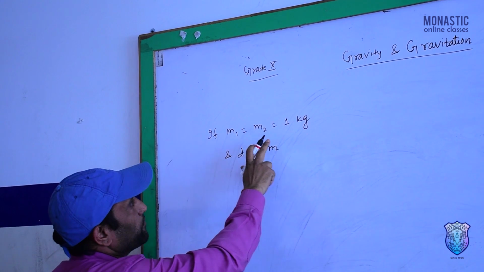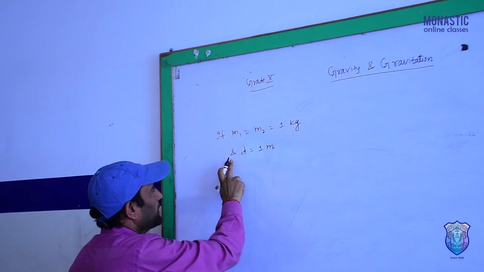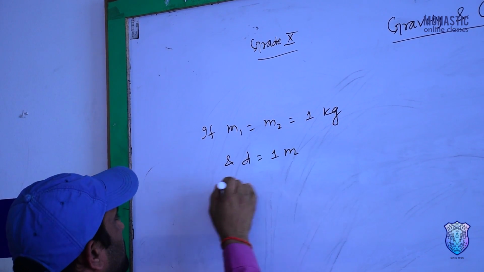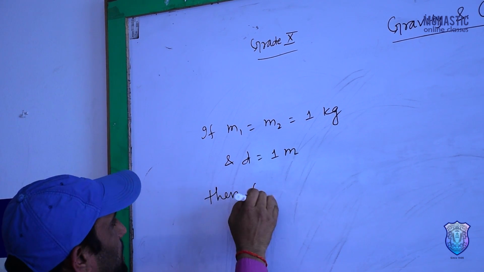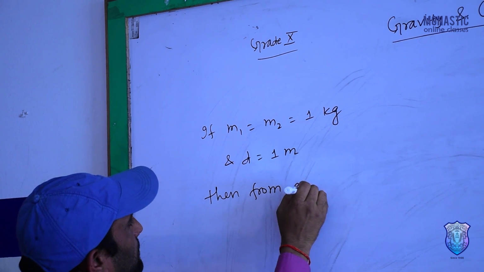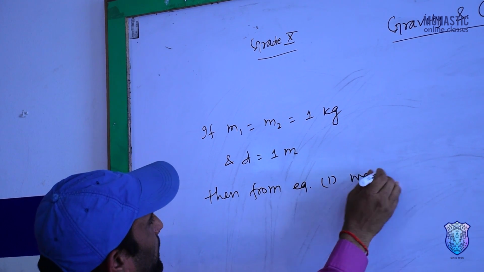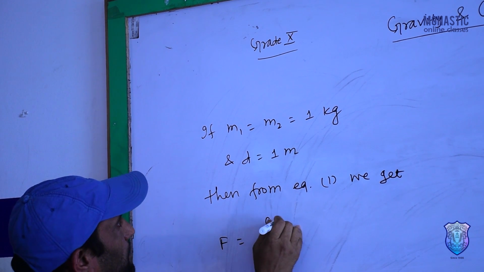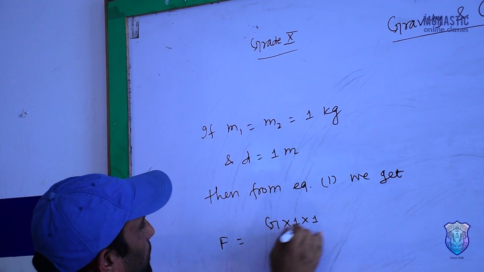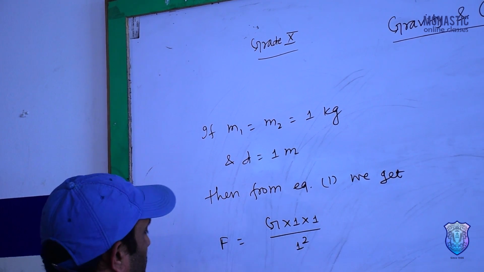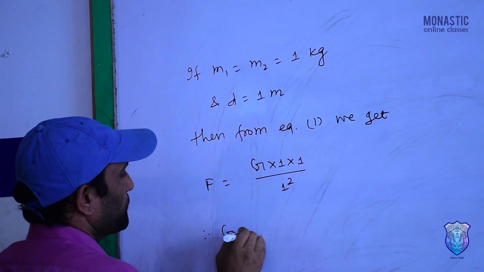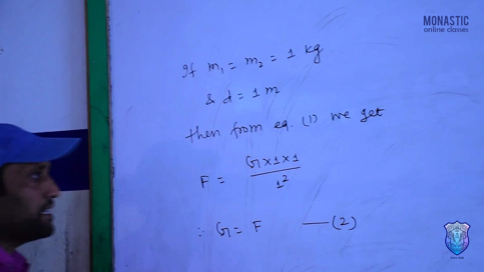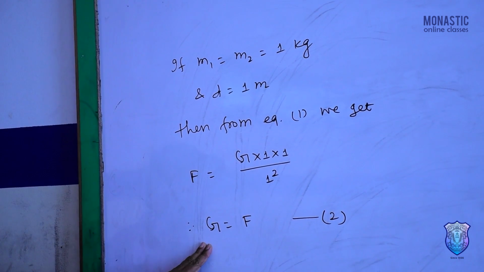If m1 and m2 equal 1 kg and the distance between them d equals 1 meter, then from the first equation we get F equal to G into 1 into 1 by 1 square. It means G equals F. From this, students, we can define the universal gravitational constant.